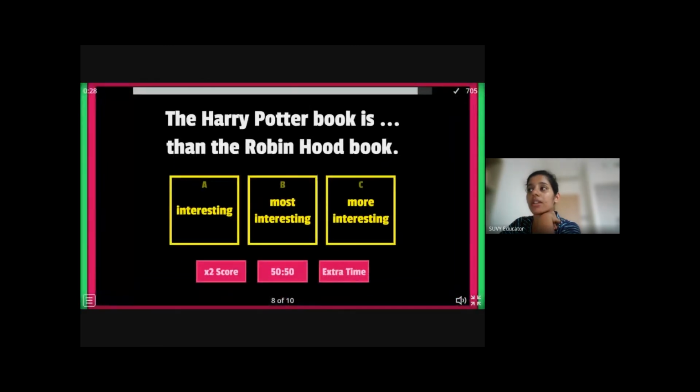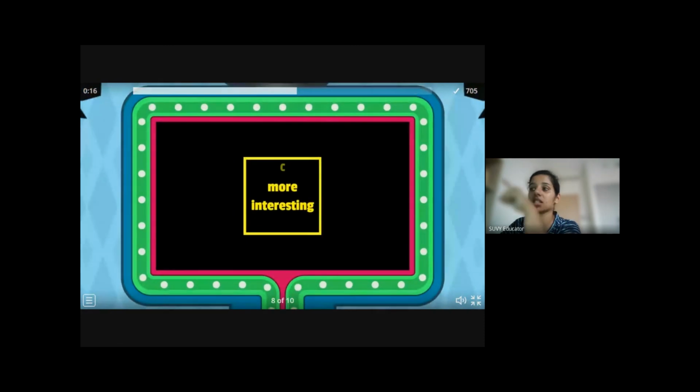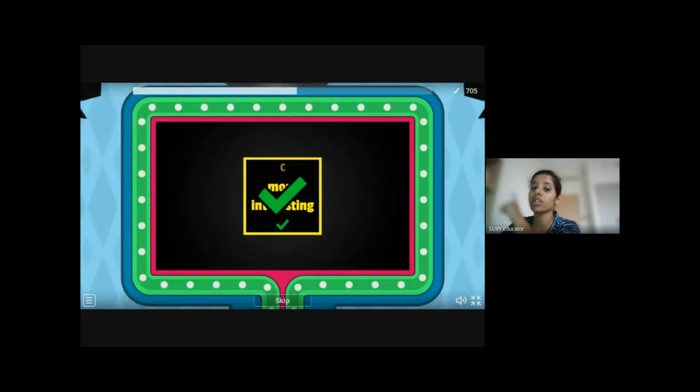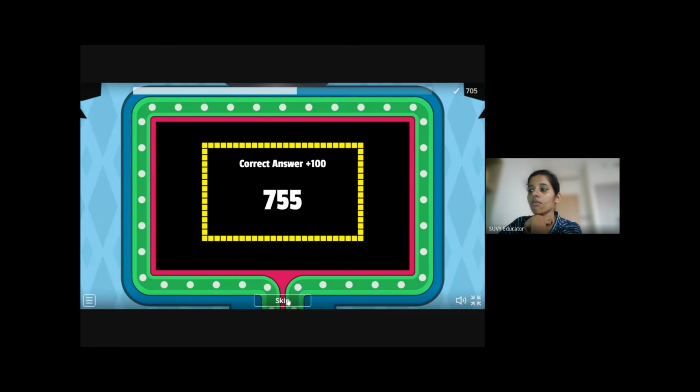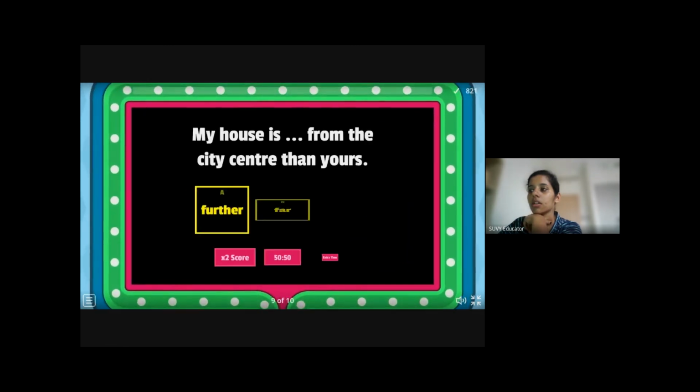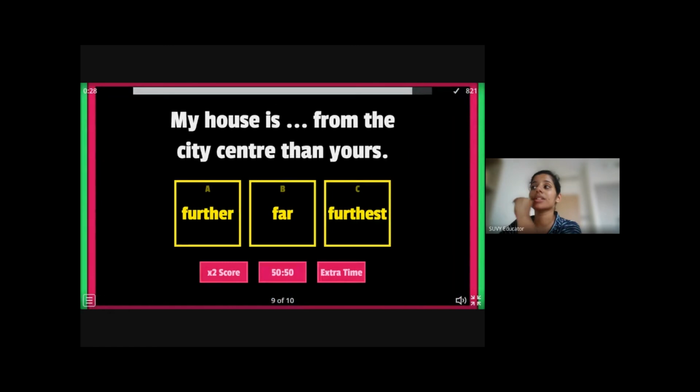Okay. The Harry Potter book is dash than the Robin Hood book. So now you are comparing the Harry Potter book and the Robin Hood. So this is about comparing. So you use the comparative degree. That's more interesting. So next is my house is dash from the city center than yours.